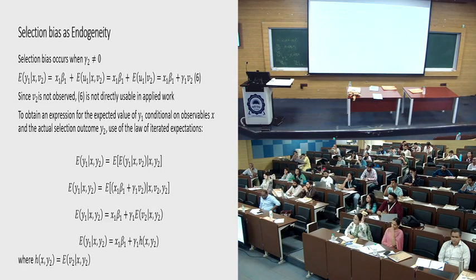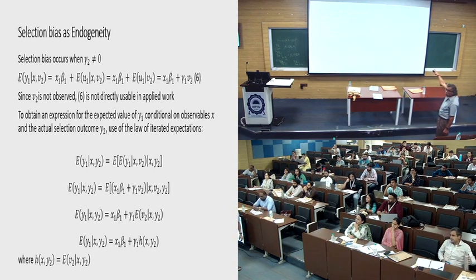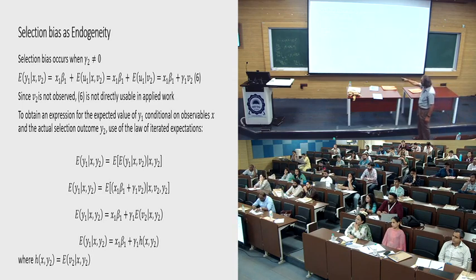Where h(x, y2) is the expected value of v2 given x and y2. Because recall, that's what I have, gamma 1 v2. I need to find the expected value of y1 conditional on x and y2 now, which turns out to be x1 beta 1 plus gamma 1 times the expected value of v2, where I can claim the expected value of v2 is nothing but h(x, y2). That's what I do.